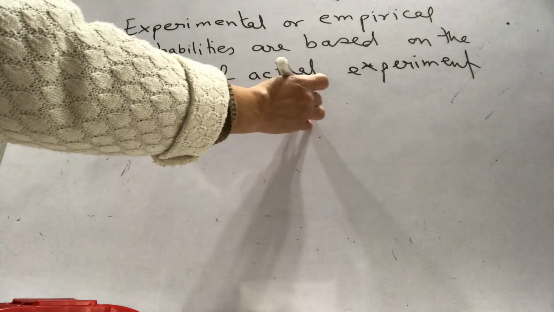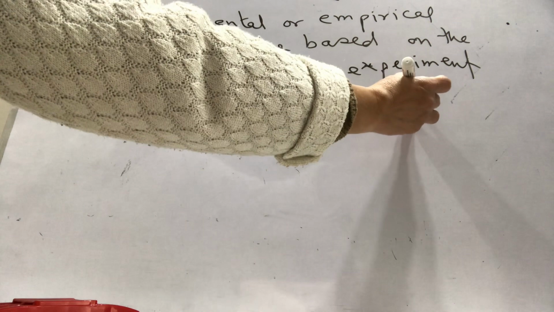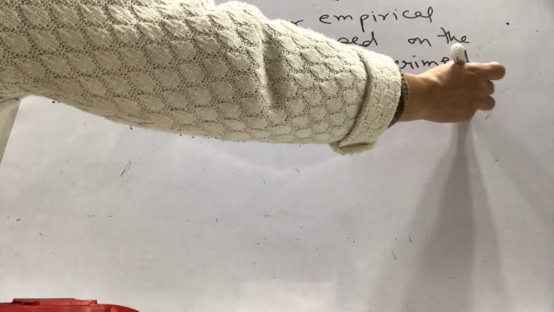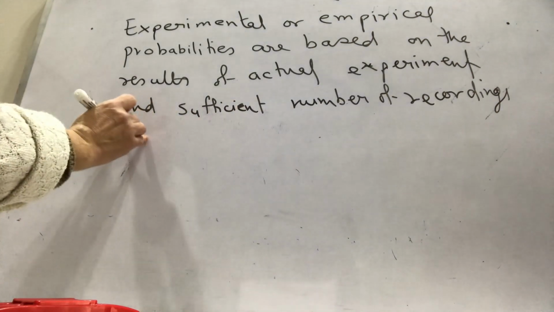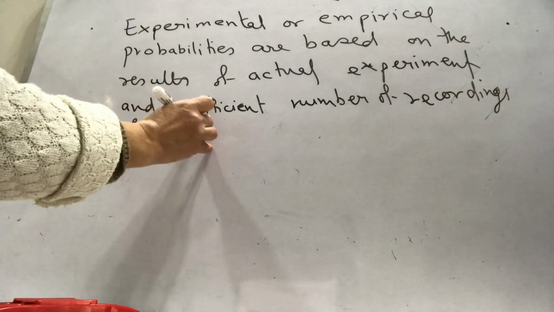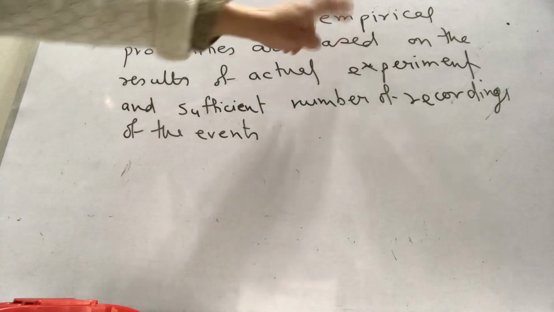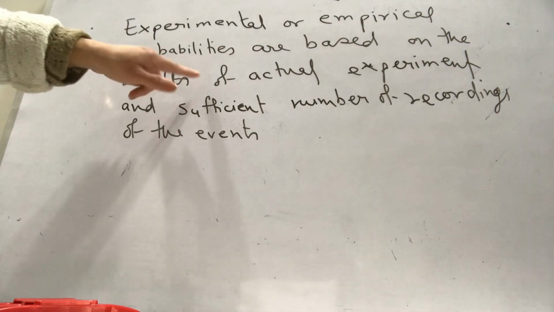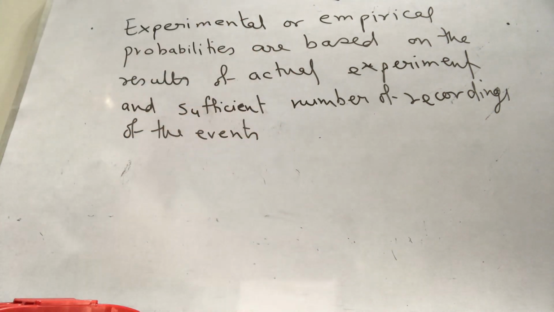Sufficient number of recordings of the events. So experimental or empirical probability means that you actually perform the experiment and note down the results.